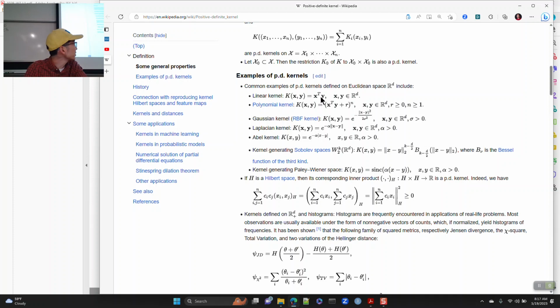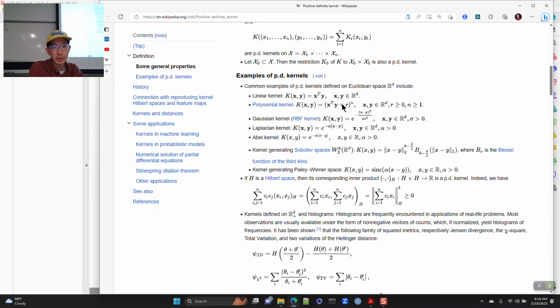The linear kernel is basically X transpose X, or here, X transpose Y. That's like what we had earlier. The polynomial kernel does X transpose Y plus some constant raised to the n power, and there would be an equivalent transformation function.